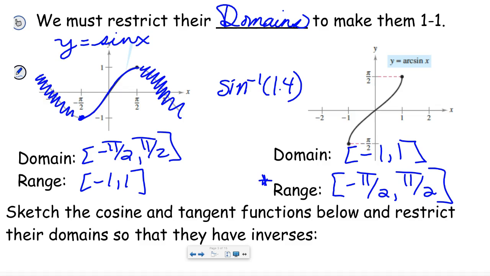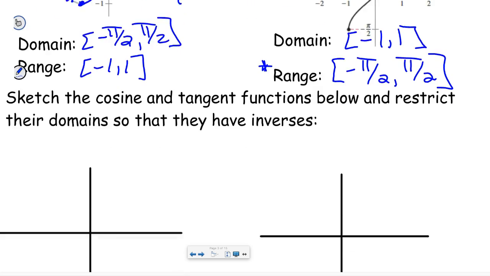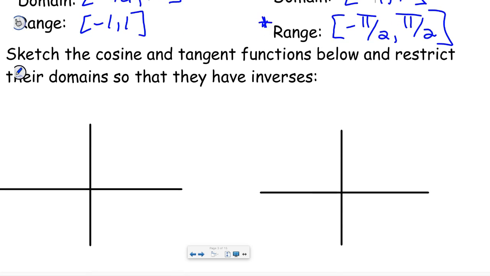When I'm asking you to find arc sine of 1.4, what am I asking you for? An angle whose sine is what? 1.4. Why doesn't that make sense? Exactly. You can't get beyond negative 1 and 1. So when your calculator tells you that there's an error, it's probably because we're outside of the domains.